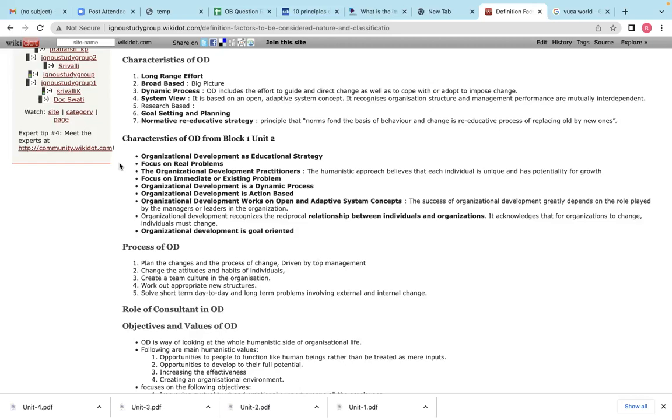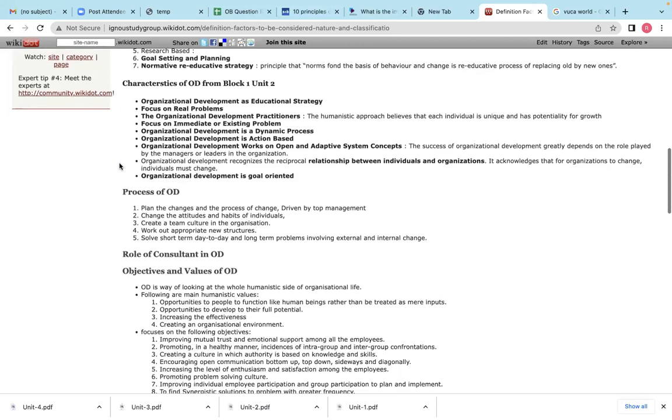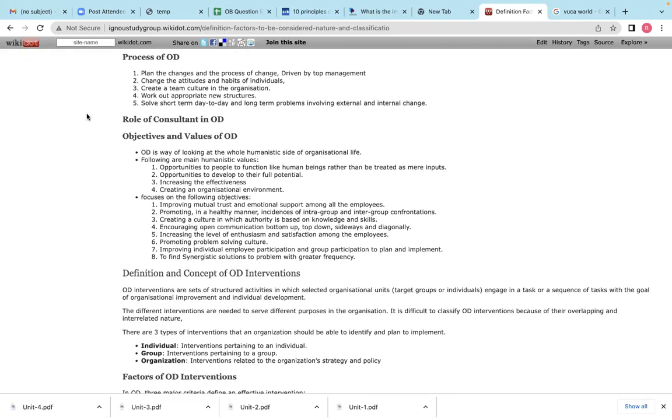So now going into process. This was also covered in that particular unit, but the process really comes into the picture here as well.